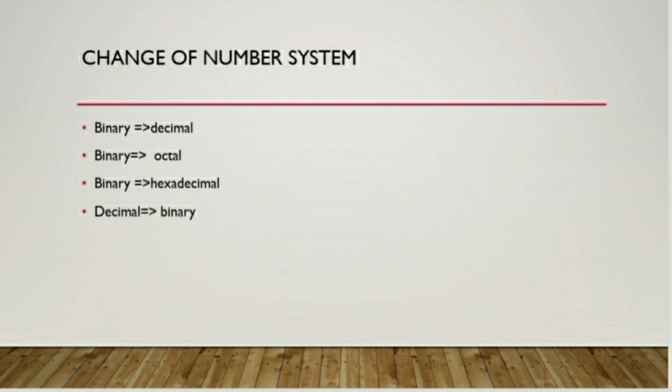Take the number 1011000110111. If we are going to change it to an octal number, we make groups of 3, and if we are going to make a hexadecimal number, we make groups of 4.